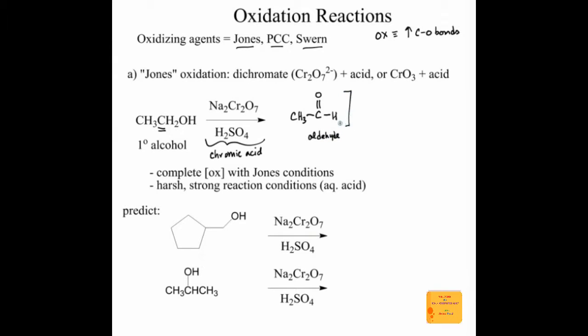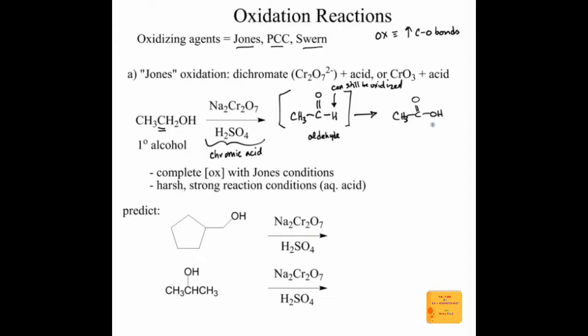Okay, but this is not our final product because this aldehyde still has a single hydrogen on this carbon, which still can be traded for an oxygen, and this can still be oxidized. And in these oxidation conditions, the sodium dichromate oxidation conditions, the oxidation continues, so we replace the second CH bond with another CO bond.